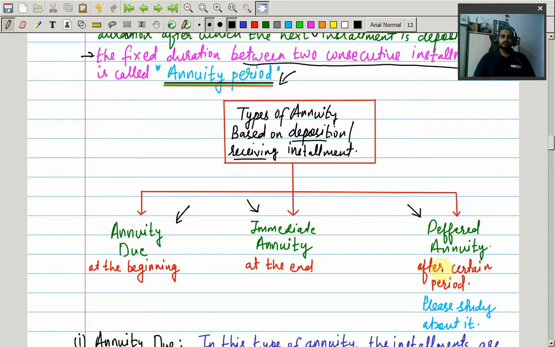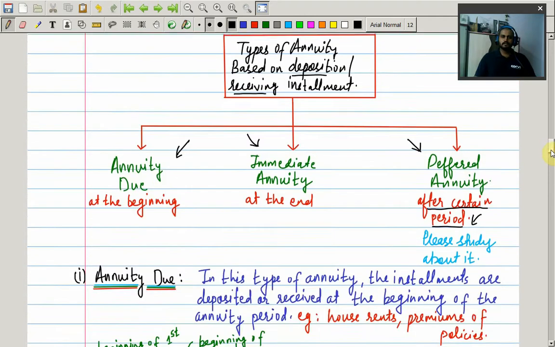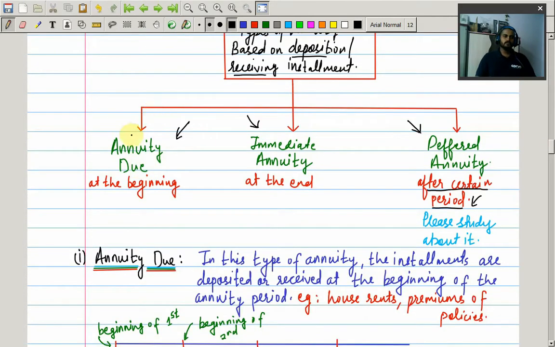A deferred annuity is a plan in which you receive some amount after a certain period. You can study this afterward if you want. Here we will concentrate on these two annuities: annuity due and immediate annuity.